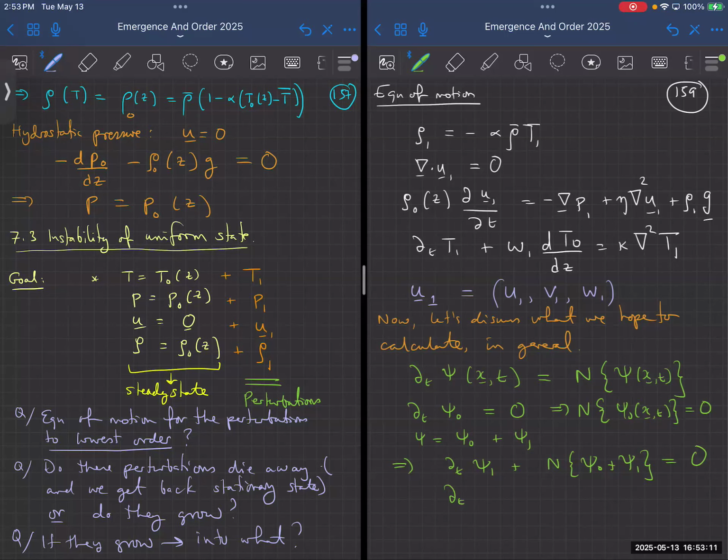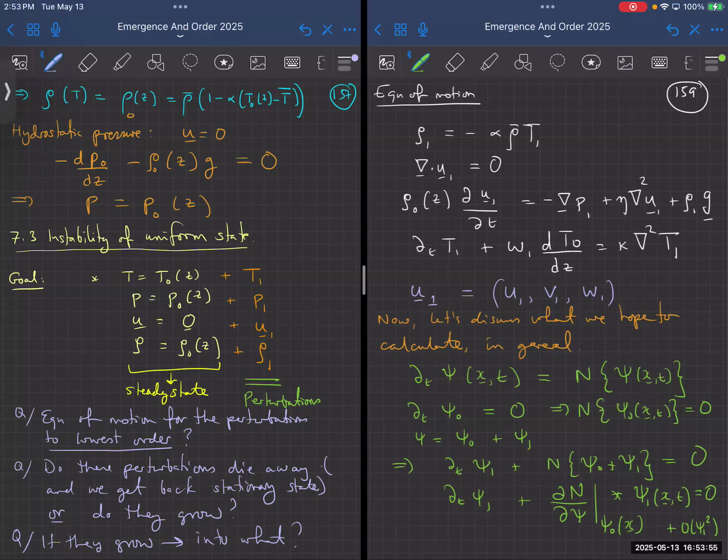So what we end up with is d psi 1 by dt plus, it's a Frechet derivative, but I'll write it like this, dN by d psi evaluated at psi naught of x, some operator acting on psi 1 of x and t, is equal to 0. This operator dN by d psi is the linearized version of the operator evaluated about the stationary solution. And there are terms that we've neglected, which are of order psi 1 squared, and we're going to throw those away.